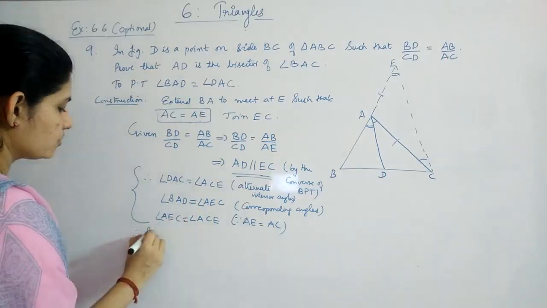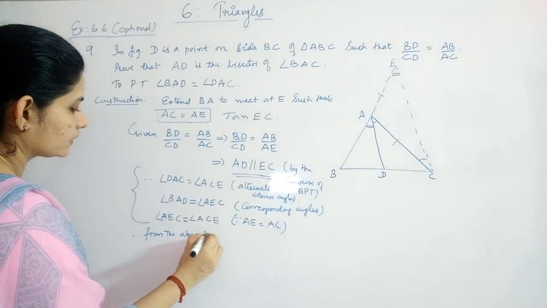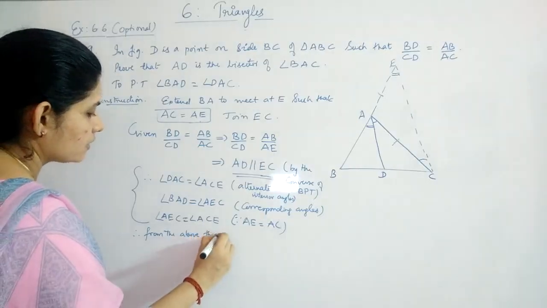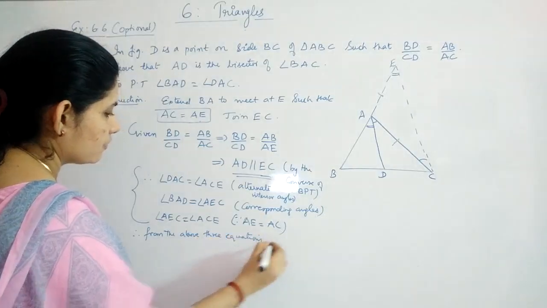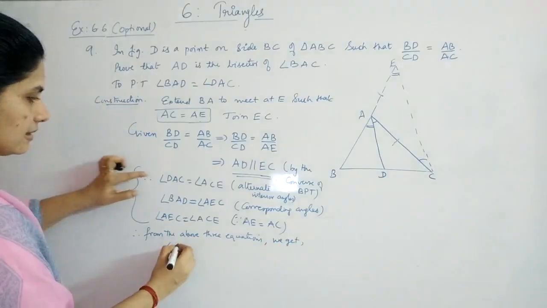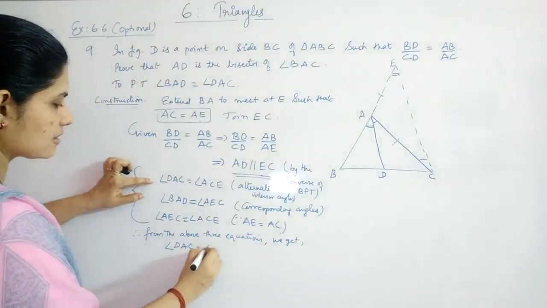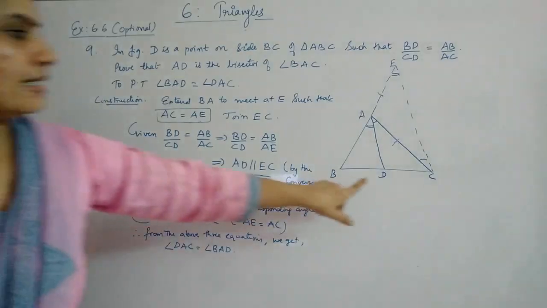Therefore, from the above three equations, we get angle DAC is equal to angle BAD. Just go to the figure.